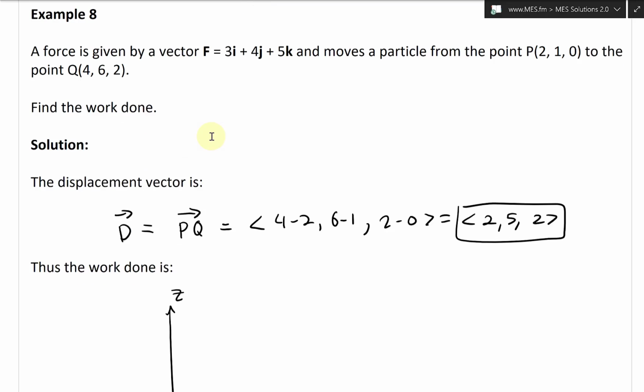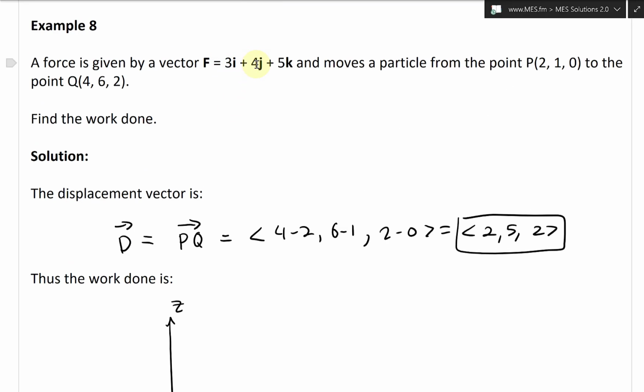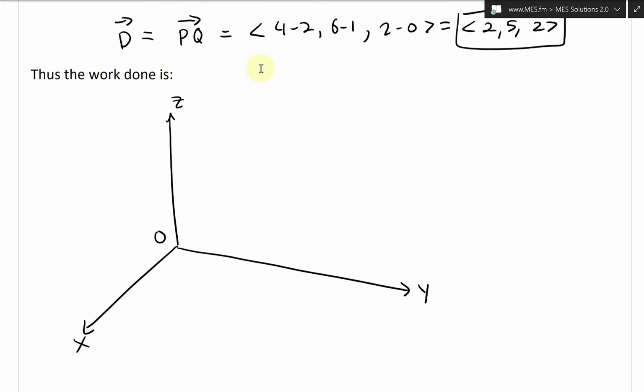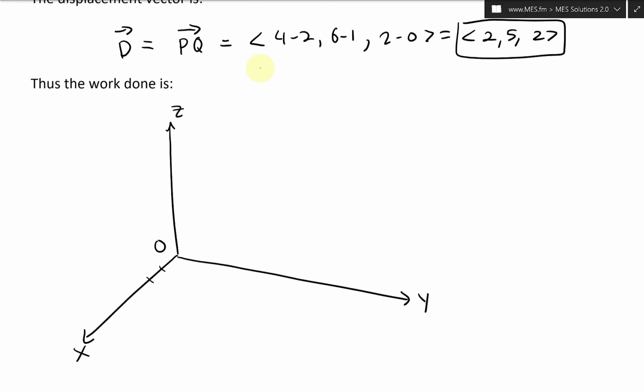The force is going to be in this direction, 3i, 4j, 5k. So 3i, so 1, 2, 3. Then 4j, it's going to be 1, 2, 3, 4, put it here, and then 5, 1, 2, 3, 4, 5, all the way up across on top there.